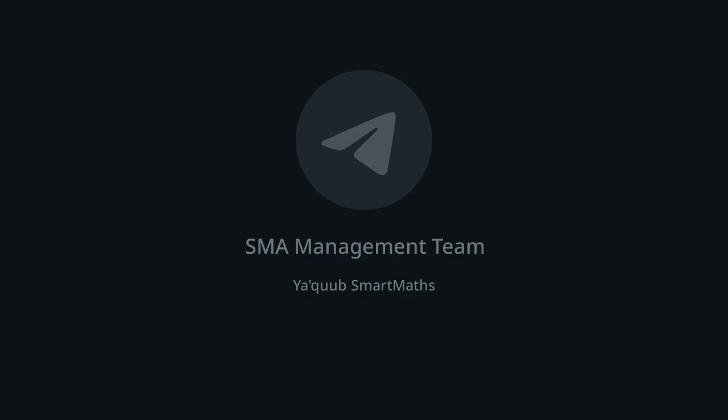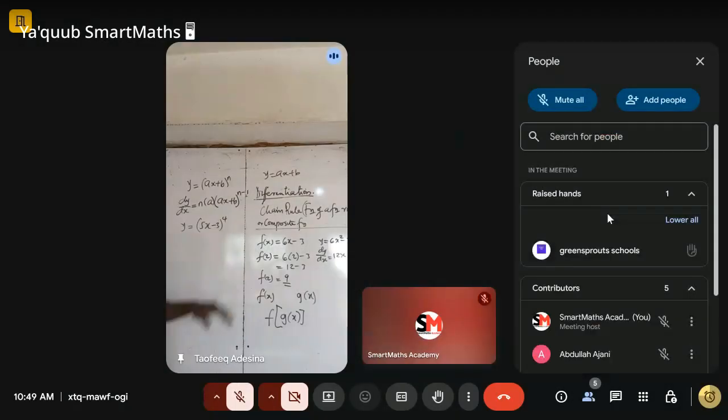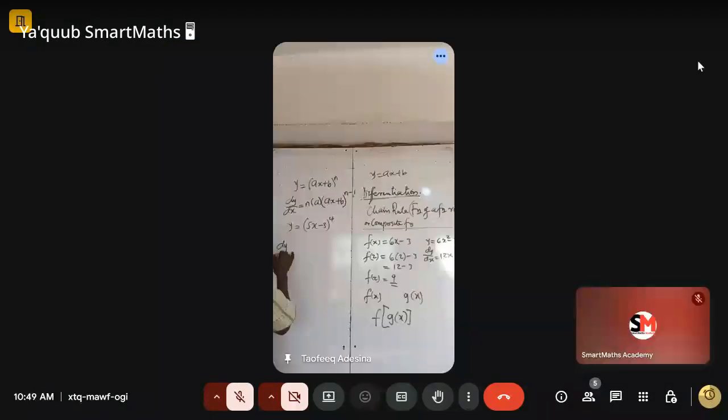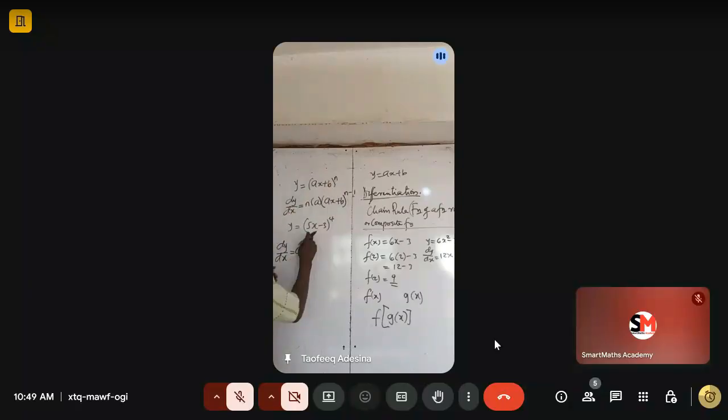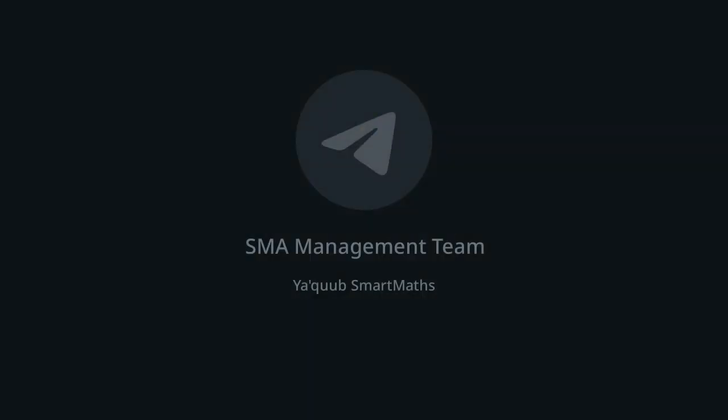In that situation, we apply the formula. dy/dx will be equal to, don't forget what the formula says, bring this one down, which is 4, times the differentiation of what we have here. Based on our previous method, differentiating the inside gives you 5x.